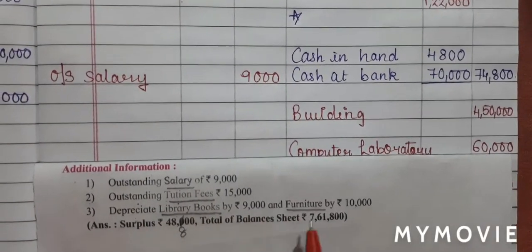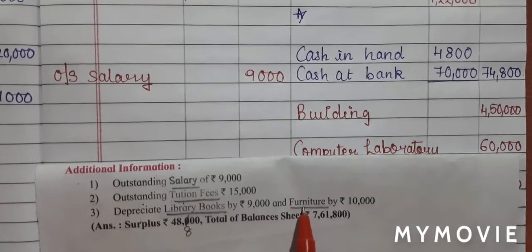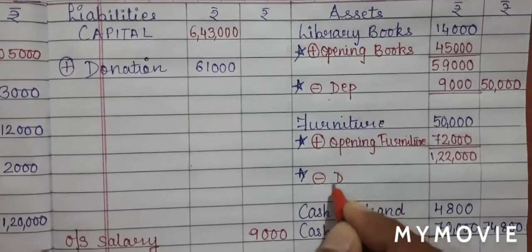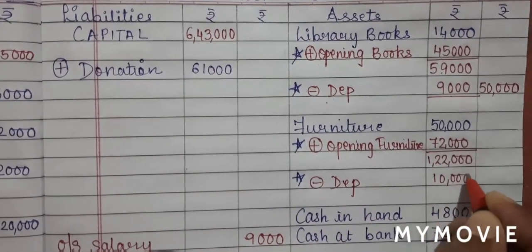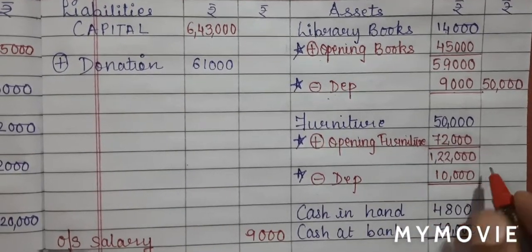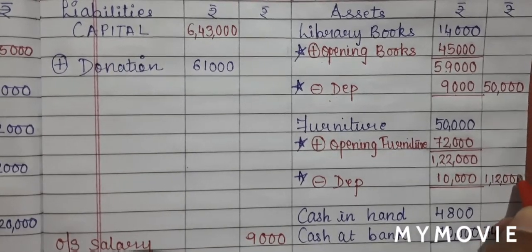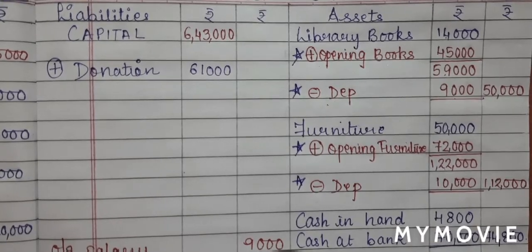Next is depreciation on furniture by rupees 10,000. So for furniture, I'll say less dep rupees 10,000. So 1,22,000 minus 10,000 will give me 1,12,000 in the outer column. This is my first effect for depreciation on furniture.